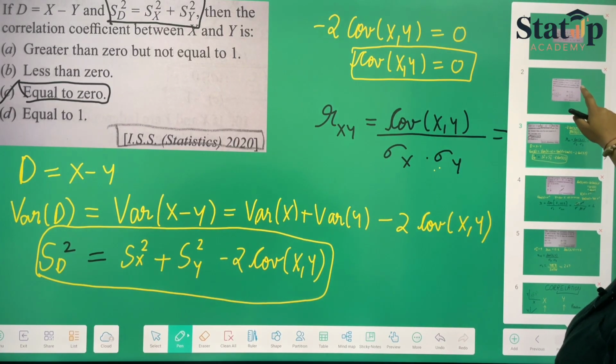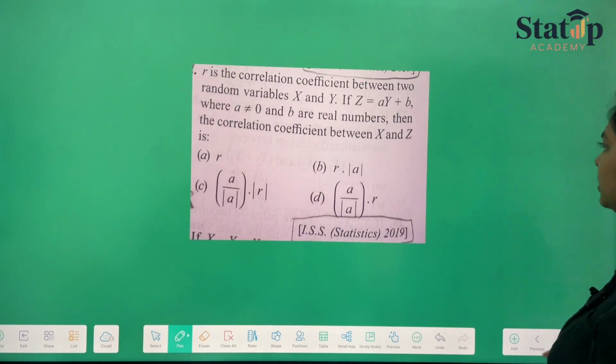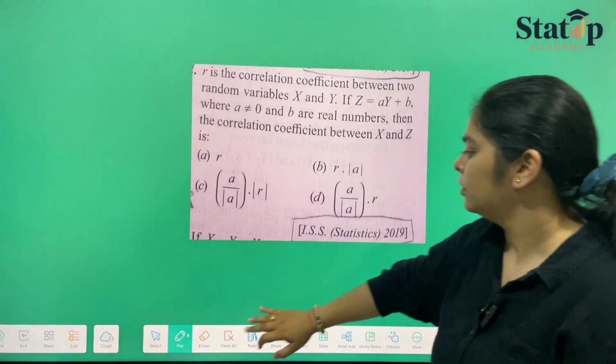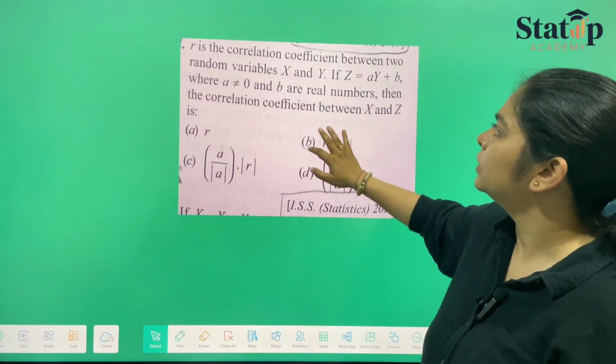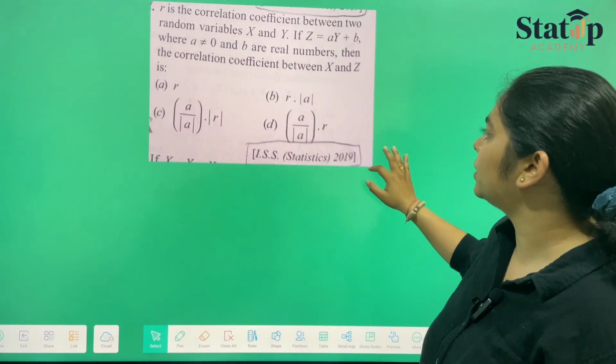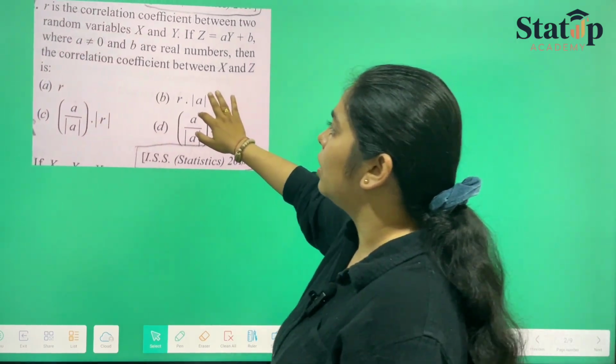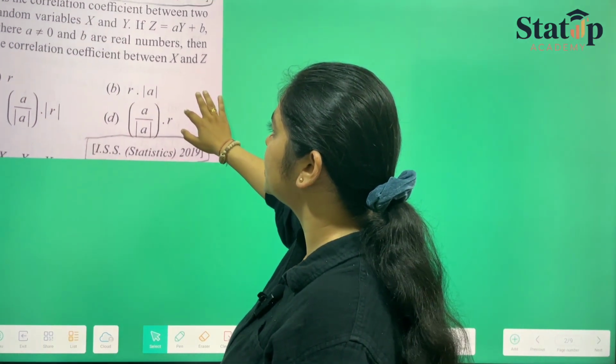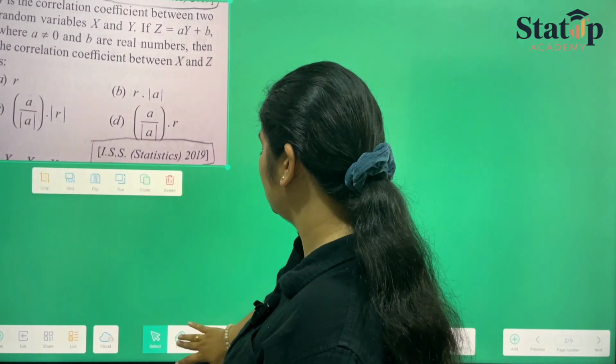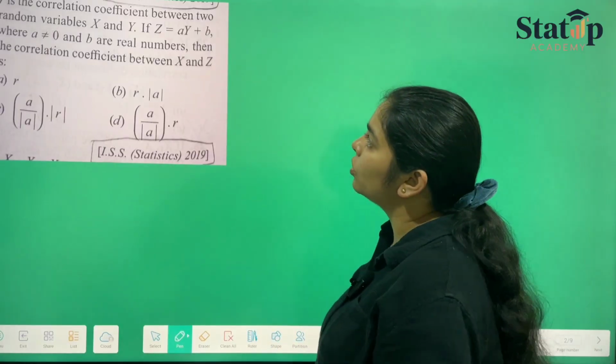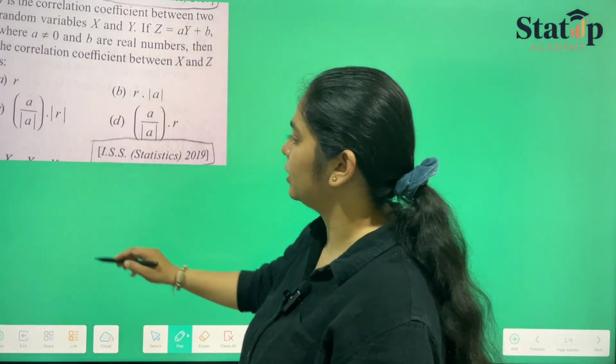Now moving forward to another PYQ. This is the application of your second property, which is the independence of scale and origin. So here R is the correlation coefficient between two random variables.